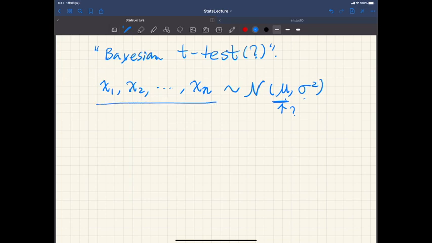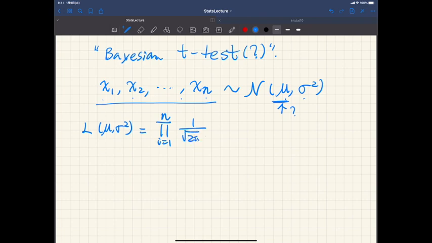Okay, so the likelihood, considered as a function of mu and sigma squared, is given by this. Since these observations are independent, we just take the product of all these observations, from 1 to n, and each of these follows the same normal distribution.